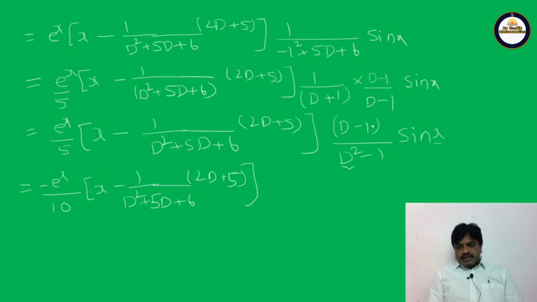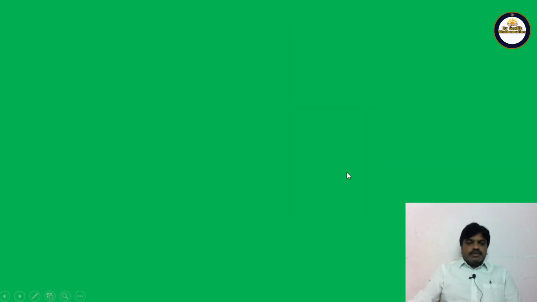Derivative of sin x: D means differentiation with respect to x. So derivative of sin x is cos x, minus 1 into sin x. It is sin x. So now multiply with cos x minus sin x, friends. Next place I want to write e power x by 10.